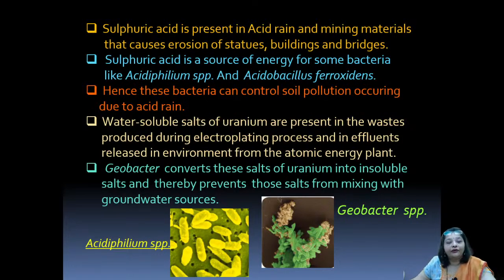Okay. Now, water-soluble salts of uranium are present in the waste produced during certain electroplating processes, and effluents released into the environment from an atomic energy plant may also contain them.